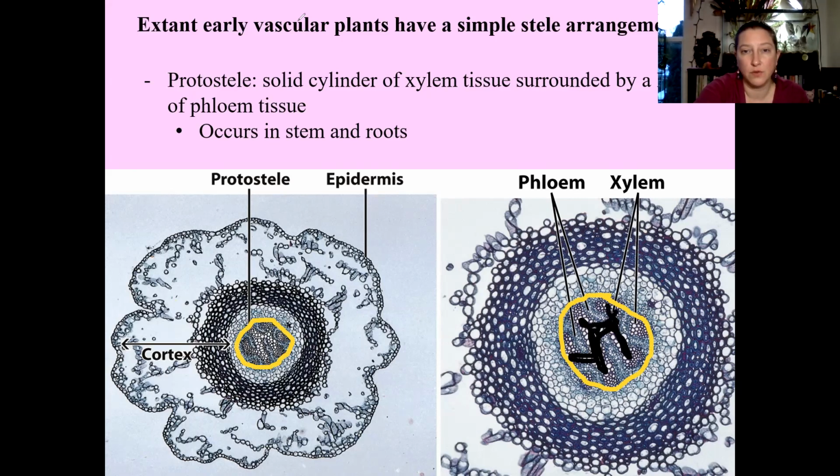And then I'll use pink for phloem tissue all around here. But the main thing I'm trying to show you here is that protostele, I'll use blue, is a solid cylinder. So there's no holes or anything in it. This entire thing, I'll use red, is solid. There's no holes or anything.